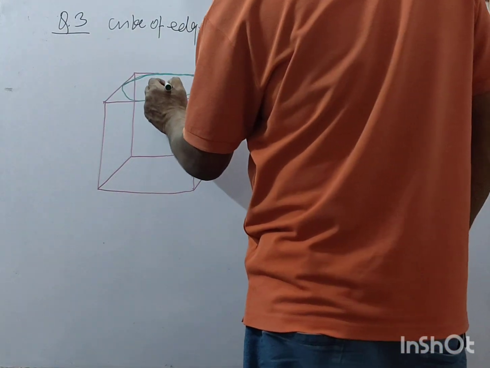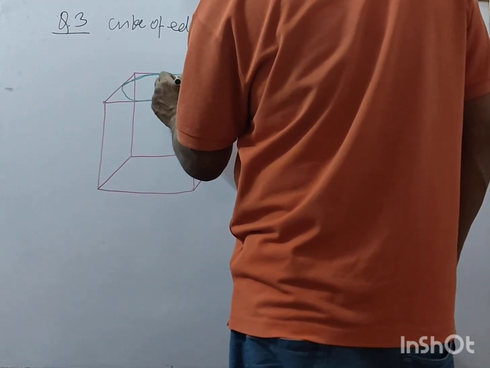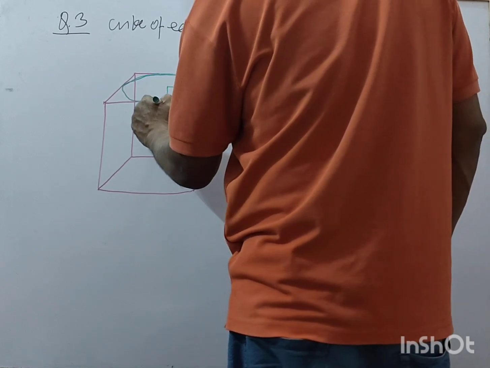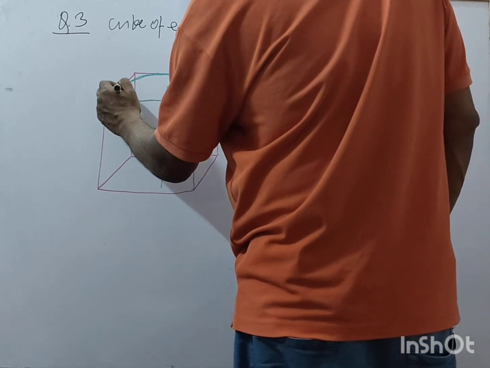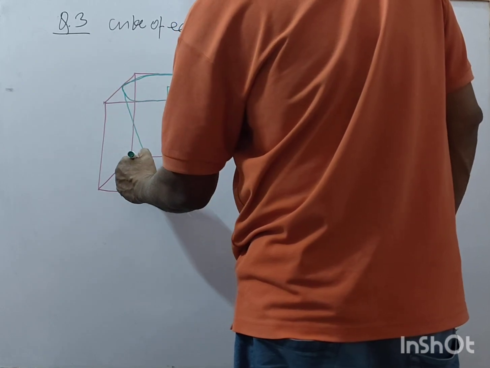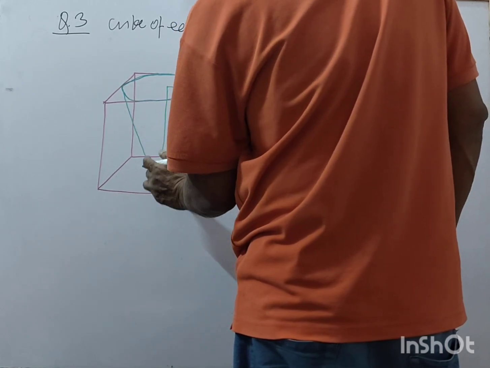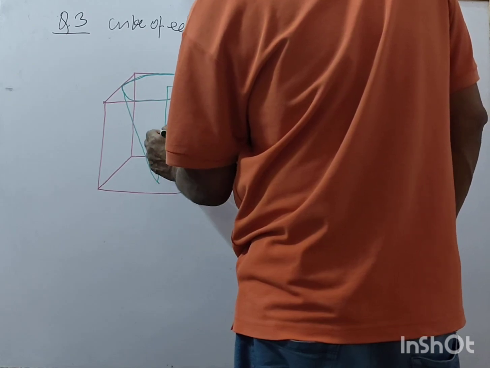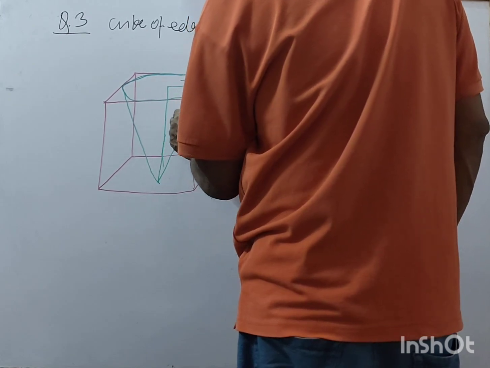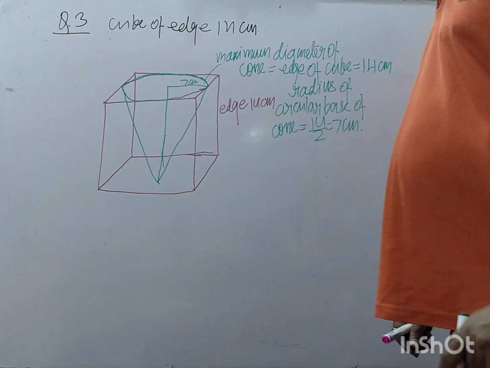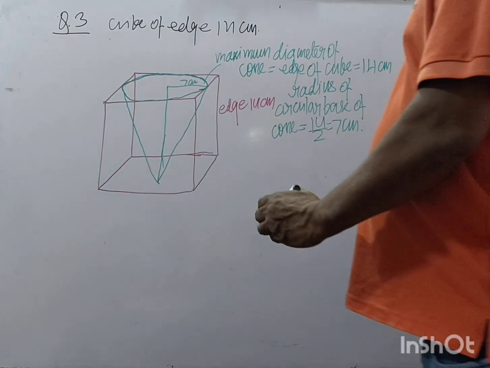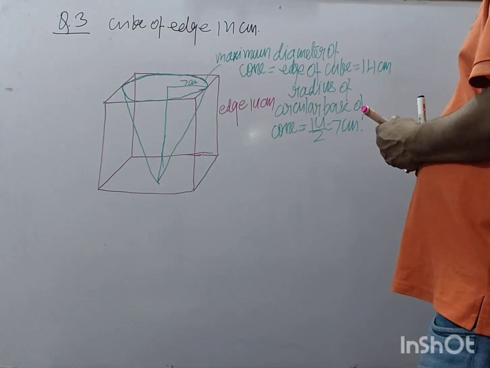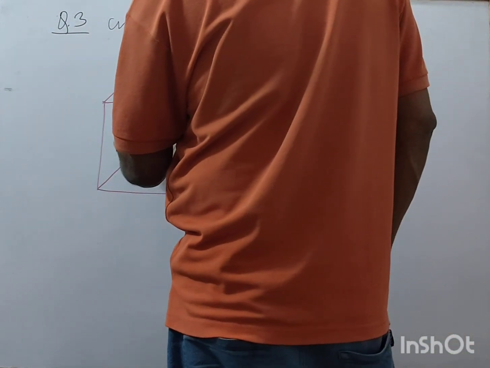So radius is 7 centimeter and this is the base. The maximum base we can get out like this. So the height of the cone is 14 centimeter.